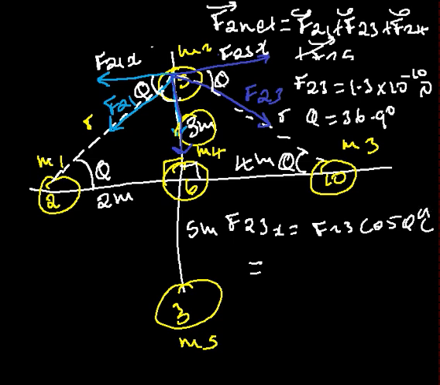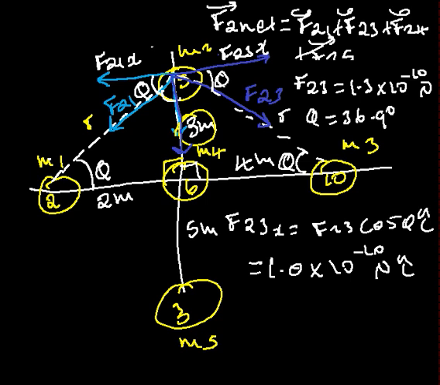F23 is given as 1.3 times 10 to the power negative 10, times cos of 36.9. That will be given as 1.0 times 10 to the power negative 10 newtons.